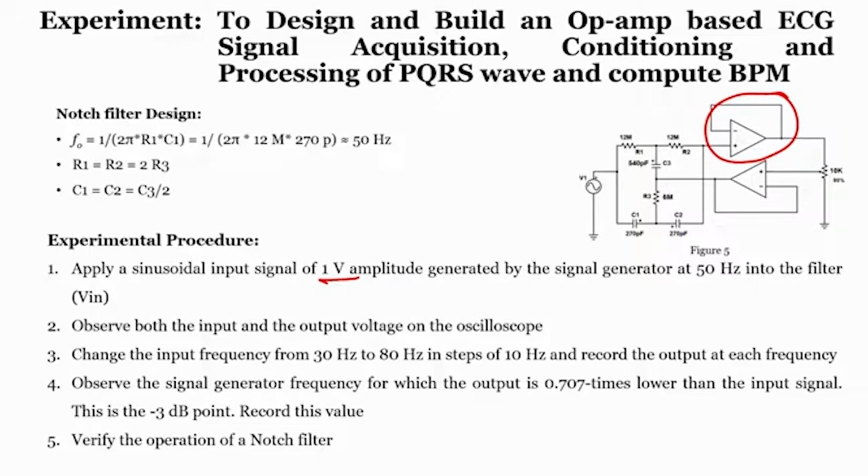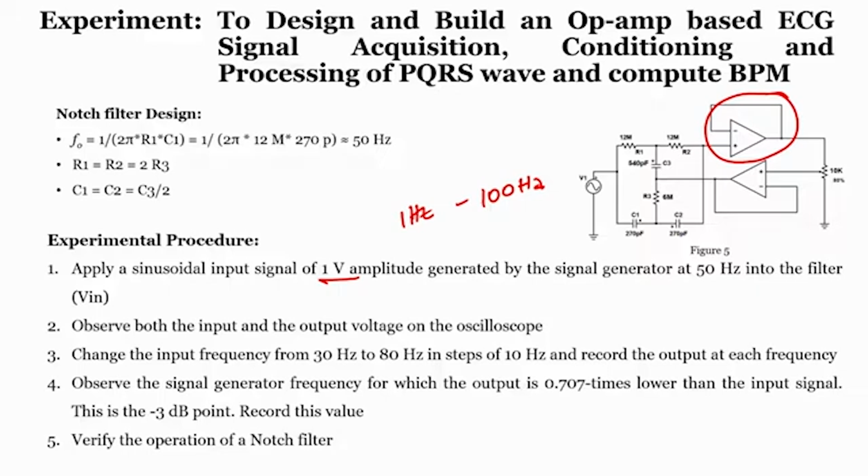When we keep changing our input signal from 1 hertz to around 100 hertz, why do we not go below 1 hertz, and why do we not worry about more than 100 hertz? The reason is that this stage of filtering comes after the high pass filtering and low pass filtering, and we already know that the high pass cutoff frequency is close to 1 hertz and the low pass cutoff frequency is around 100 hertz.